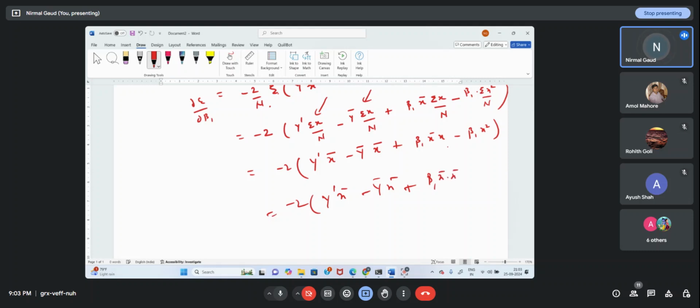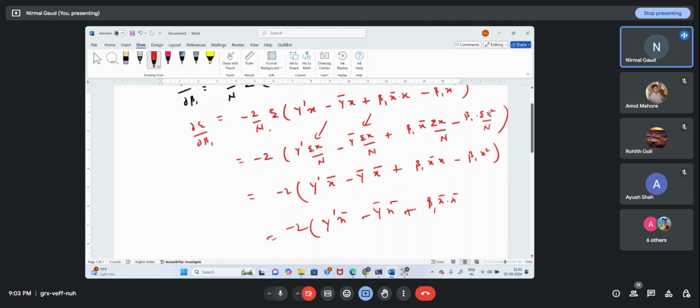And here, this is x square. One I can take as summation, minus beta 1 summation of x by n and then multiply by x.